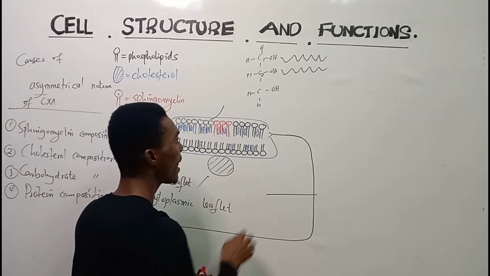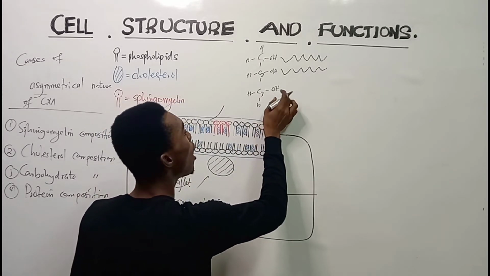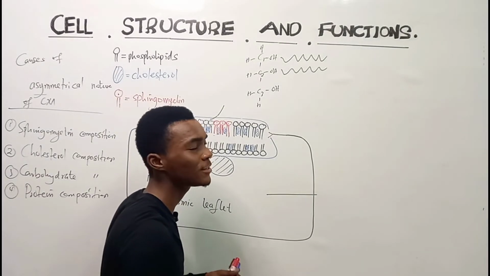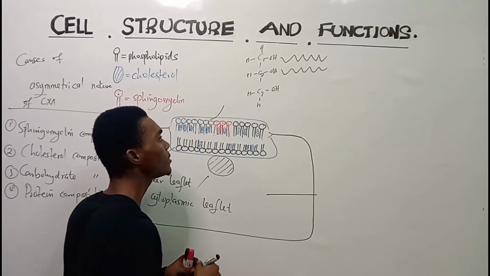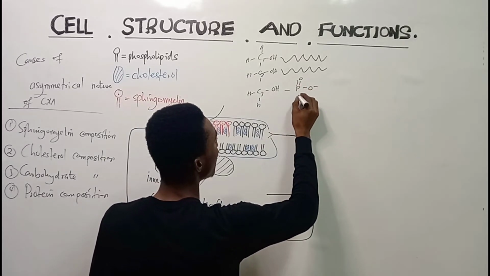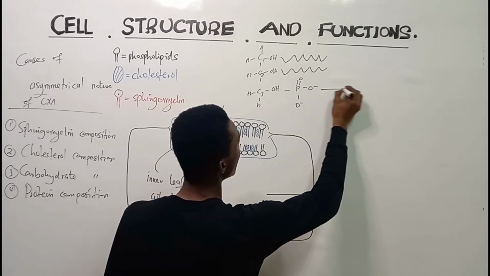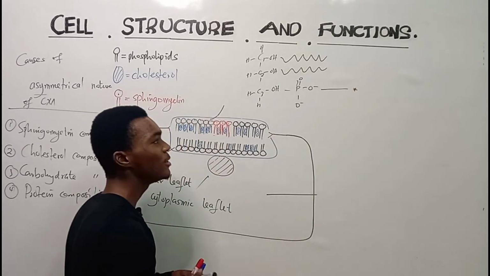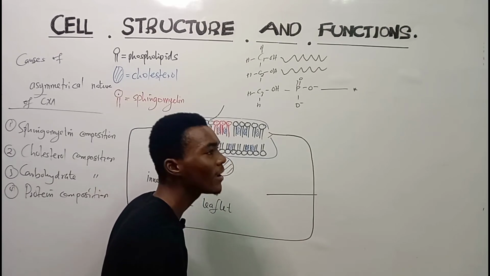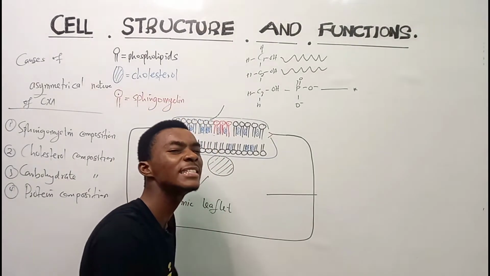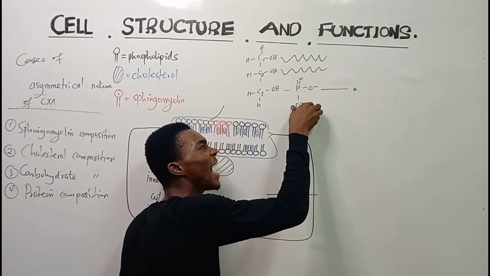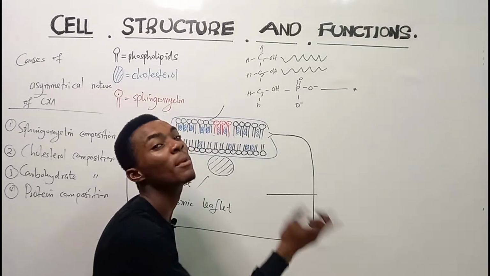And then binding to the hydroxide ion of our carbon 3 over here is what? A modified phosphate ion. And that is where we said that a modified phosphate ion is simply a phosphate group or a phosphate ion which is having an extra molecule binding to it. Fine. So now it's very simple to know the different types of phospholipids that we have. To talk about the type of phospholipid is simply what is actually binding to the phosphate ion, causing it to be modified.